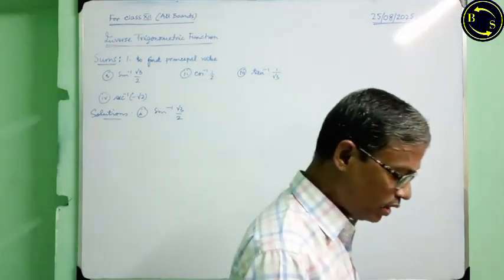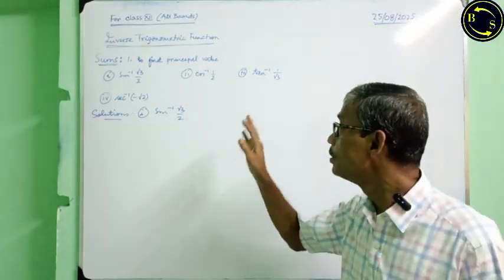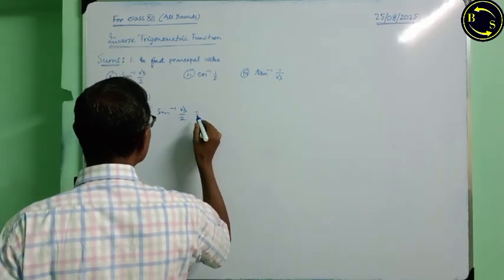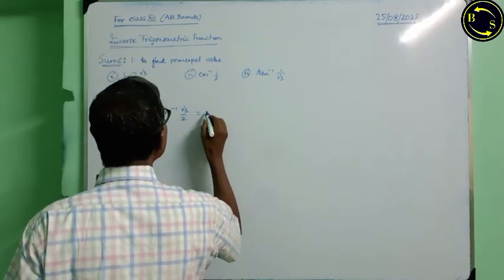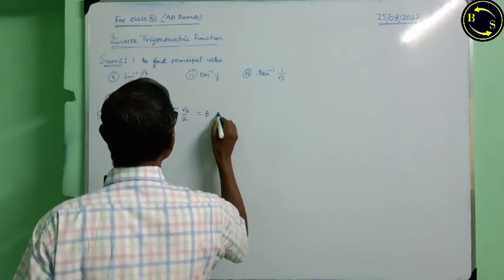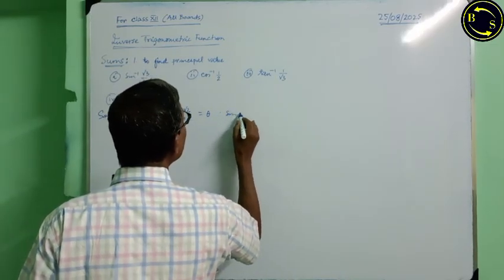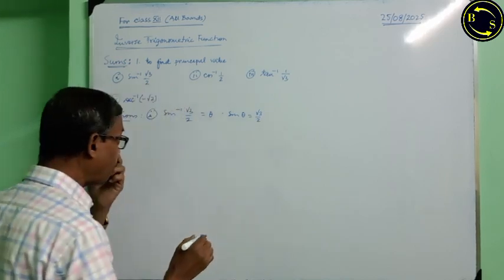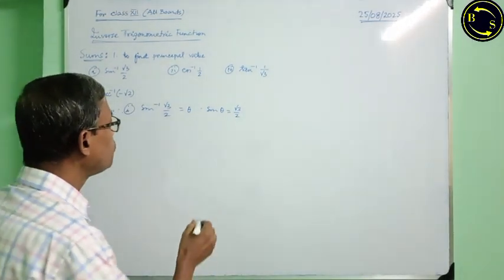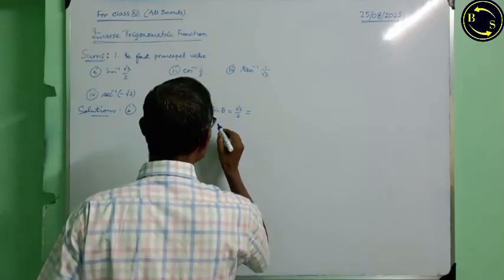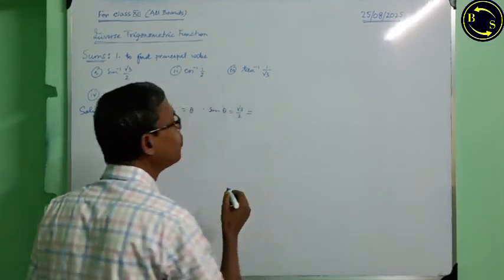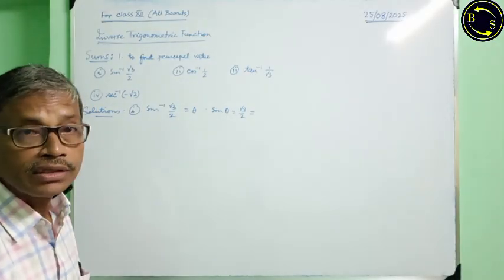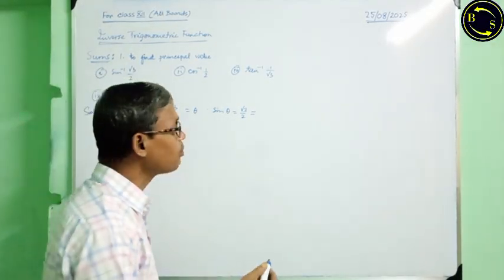Actually, we have to find the principal values of these inverse forms. We take this equal to theta. Therefore, sine theta equal to root 3 by 2. Already you know, when sine theta equal to root 3 by 2, theta is pi by 3, 60 degree.